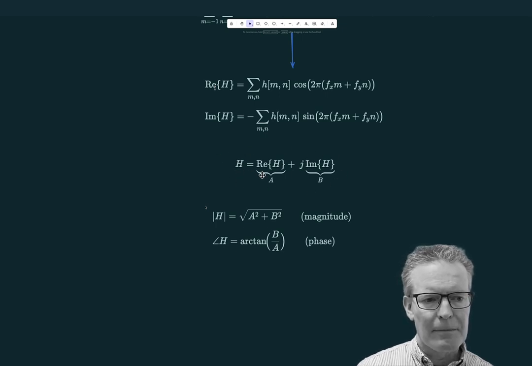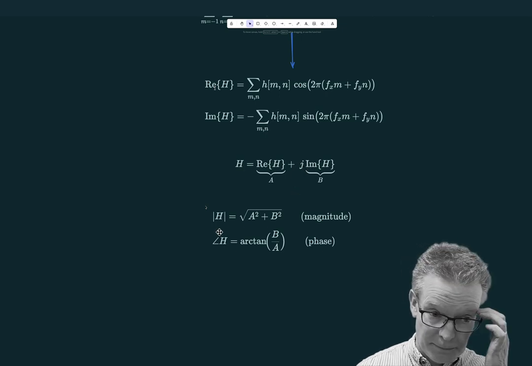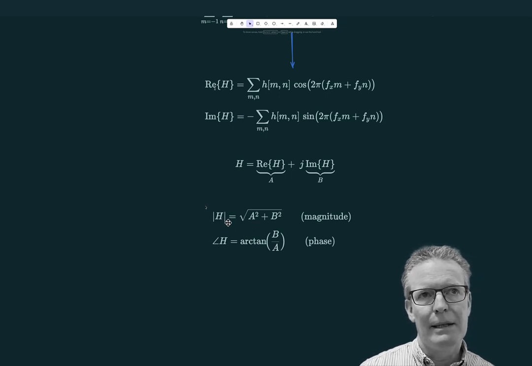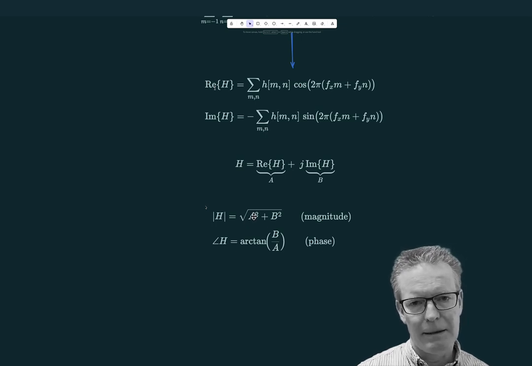And in that case, it's easy to see that the magnitude of the frequency response becomes the length, if you like: you take A squared plus B squared, sum those, and calculate the square root of that. And that gives you basically the length or the magnitude of the frequency response. And for most practical purposes in image processing, that's what we're interested in.